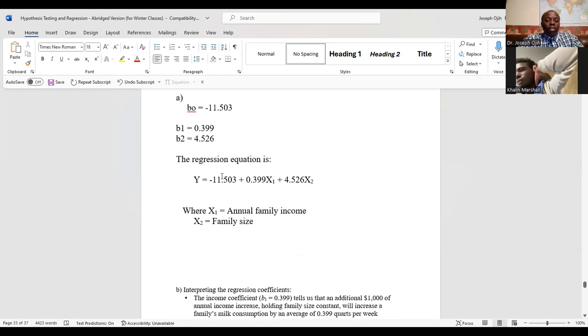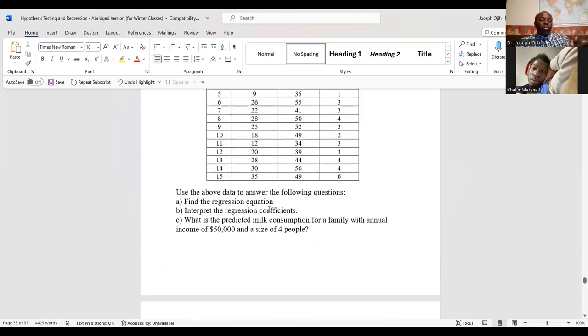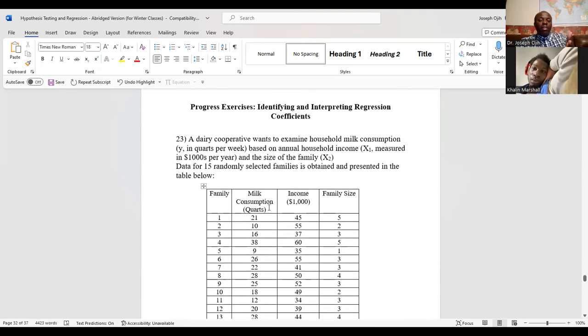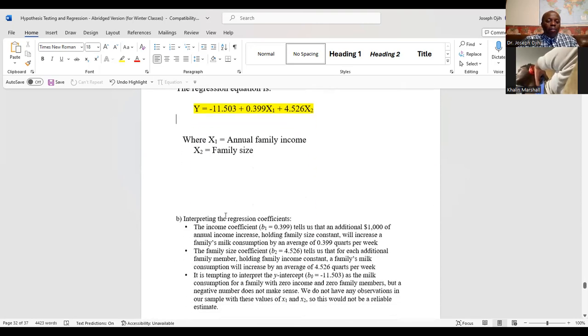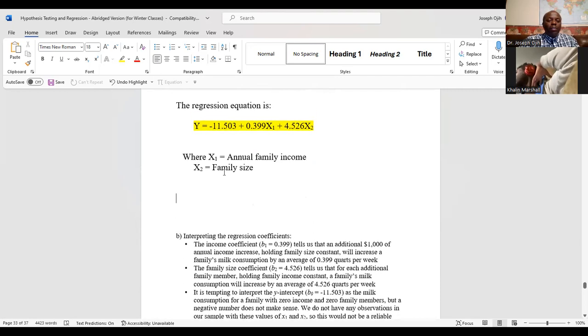Now, what do the values B0, B1, and B2 mean in relation to the equation we have? Remember, this is a dairy cooperative that wants to examine the household milk consumption based on the annual household income and the size of the family. So what does this mean?